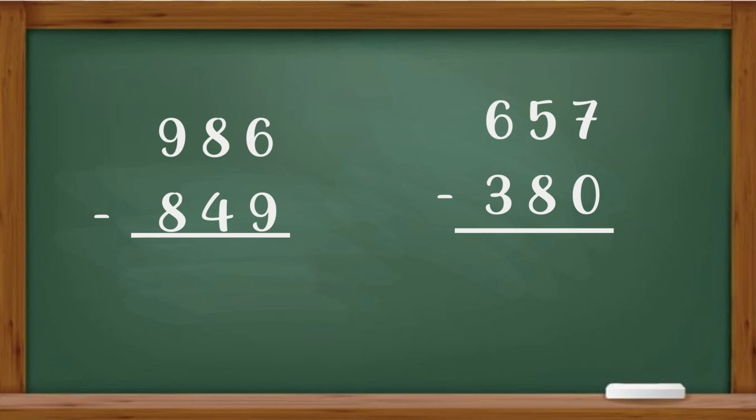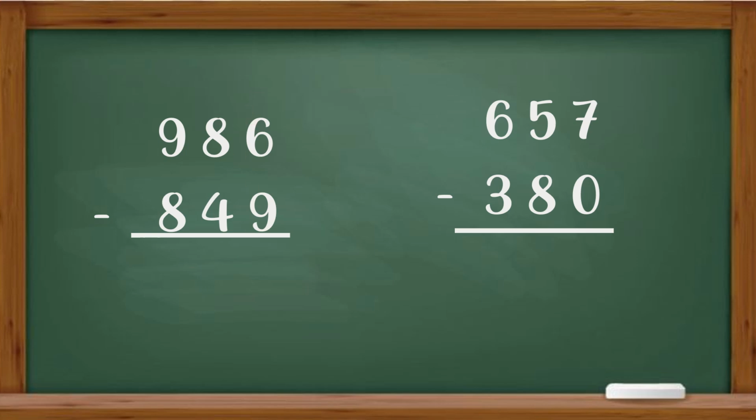Alright, so let's proceed further with these questions. It will be 6 minus 9, but we cannot do 6 minus 9 because 6 is smaller than 9. So we have to borrow from 8.